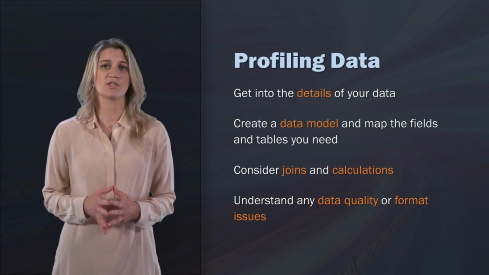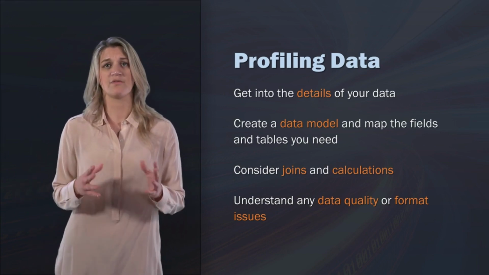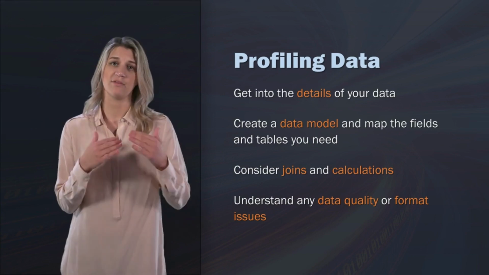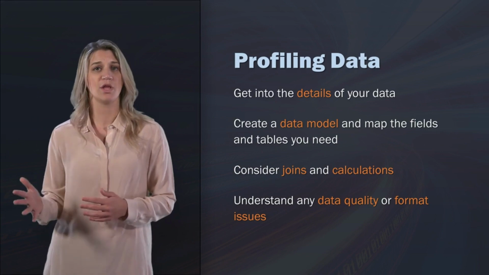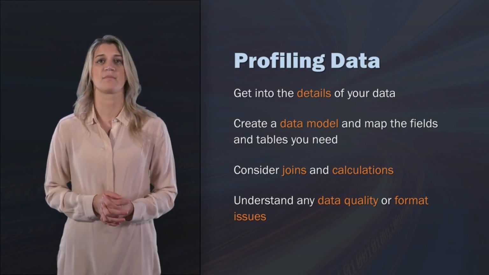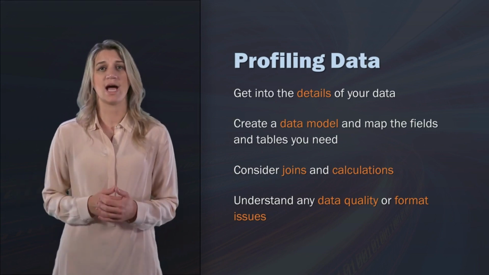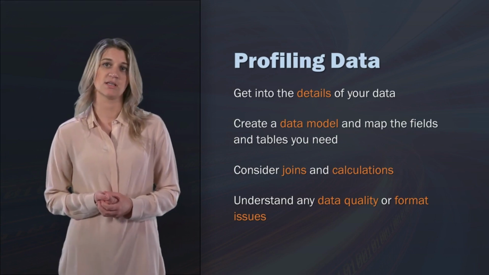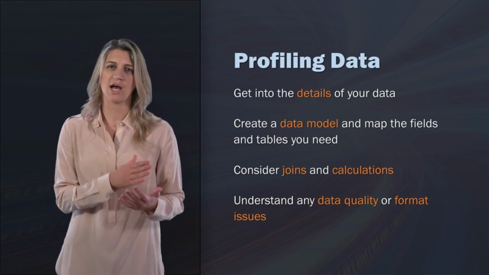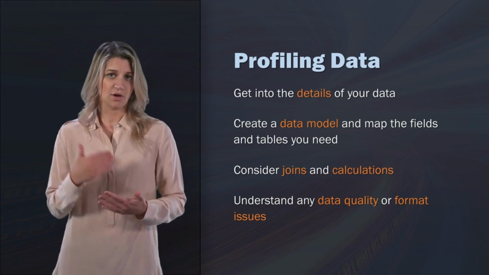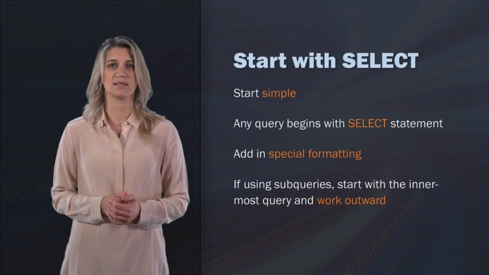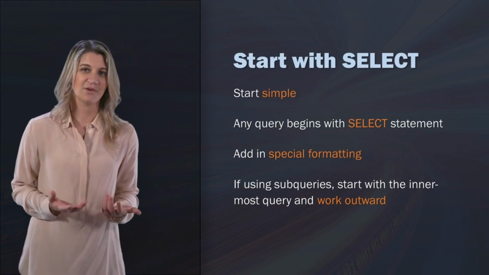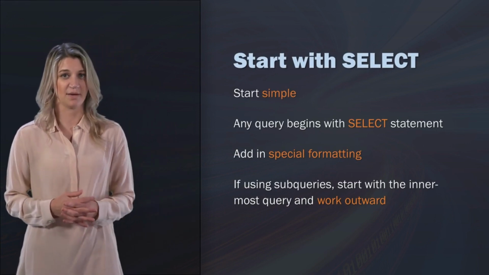I start with this just as the sources, and then from each source I go down and define the fields I need, and then from there I also define how I'm going to join those different sources together. From that point, I'm going to decide if I need to do any calculations. It's just kind of going through a logical process. But again, you're always going to start with select. I mean, that's the great thing about SQL. It's consistent in that way.